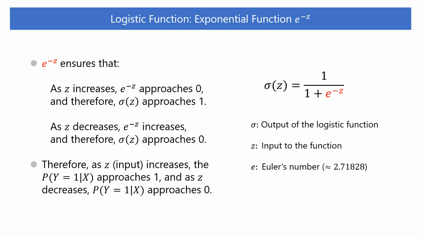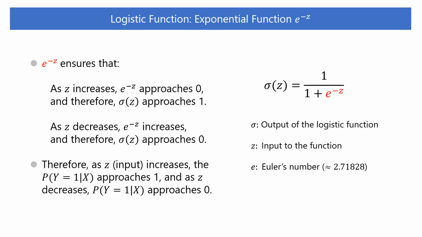In the logistic function, the exponent of the exponential function in the denominator is minus z. Therefore, as z increases, the output of the exponential function approaches 0, and therefore, the output of the logistic function approaches 1.